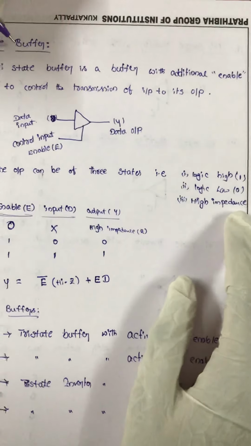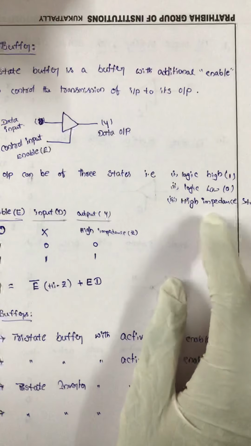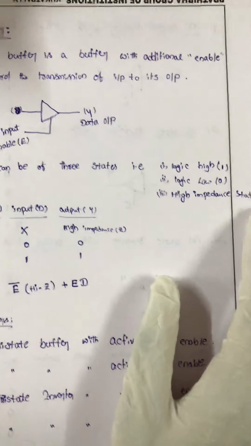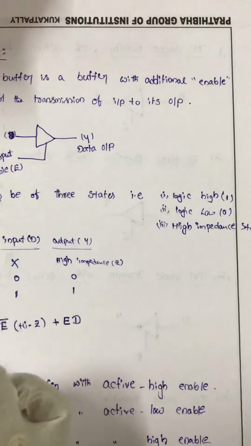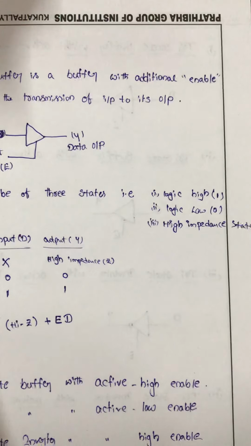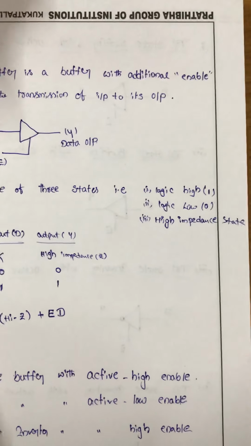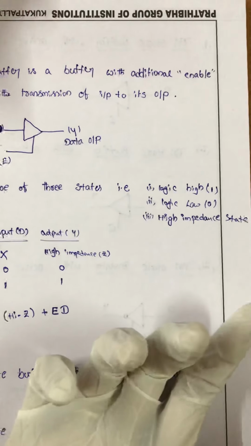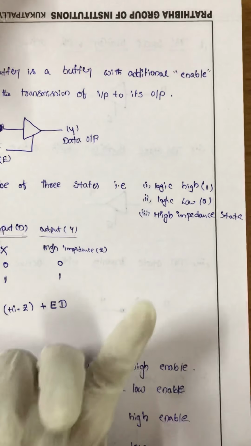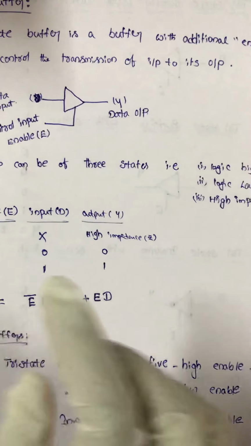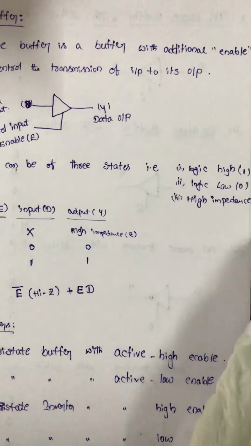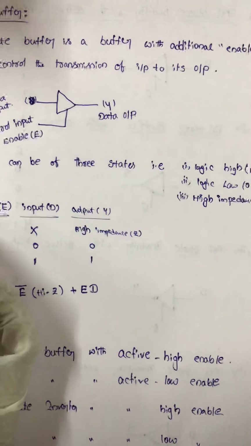That state is the high impedance state. So a tri-state buffer is also a buffer with an additional enable input. Generally the 2 outputs are 0 and 1, and the third output is high impedance. So the 3 outputs are explained in the tri-state buffer.